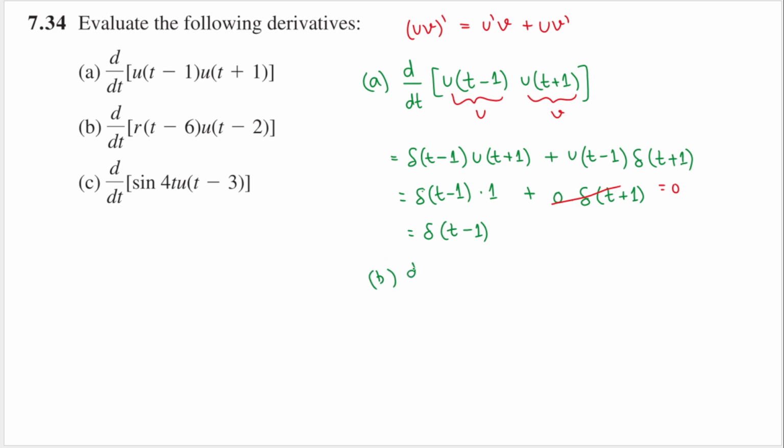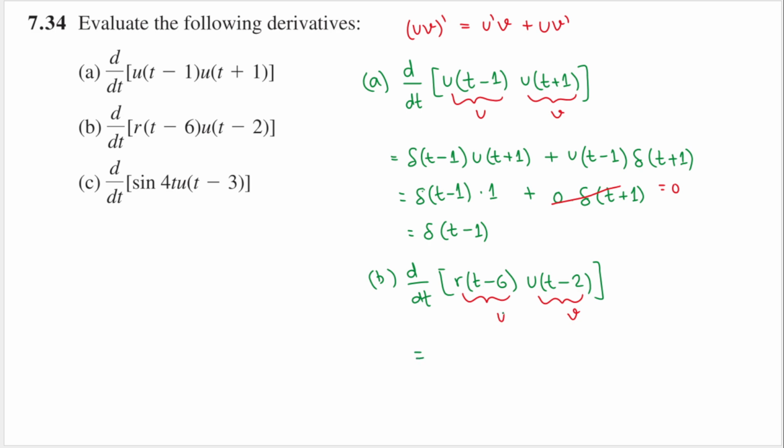Now let's do question B. We will have d over dt, again, of r(t minus 6) times u(t minus 2). Remember, the derivative of the ramp function is the step function. So we'll have u(t minus 6). Let's assume this part here as our u and this part here as our v.